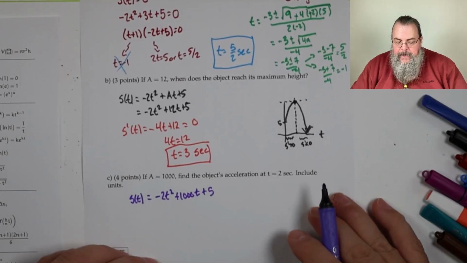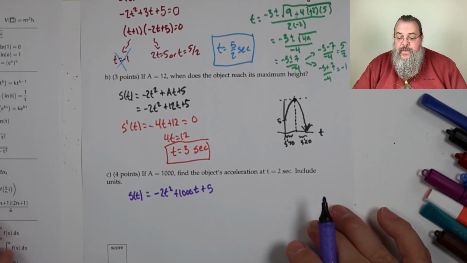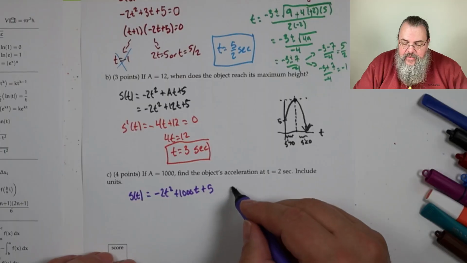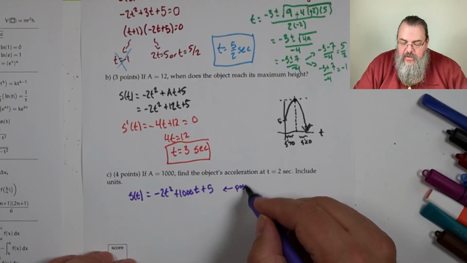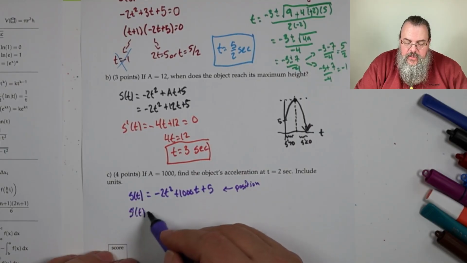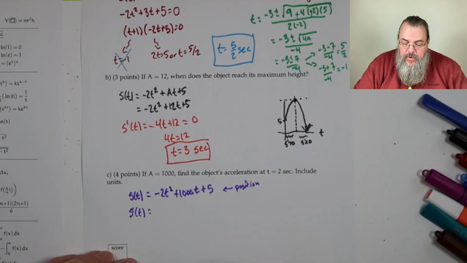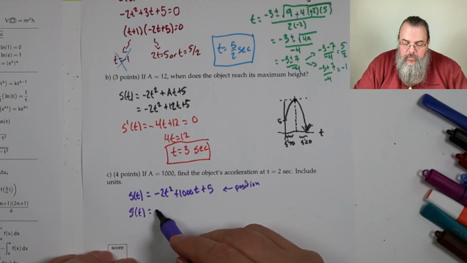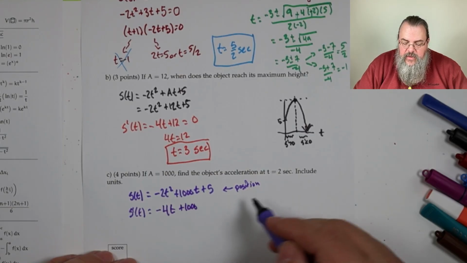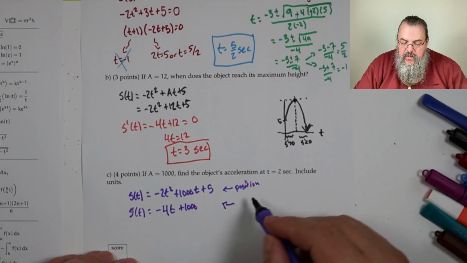Now we want to find the object's acceleration at t equals 2. This is position. If we take one derivative, we get s prime of t, which would be what? Well, that's -4t plus 1,000. And this right here is velocity.